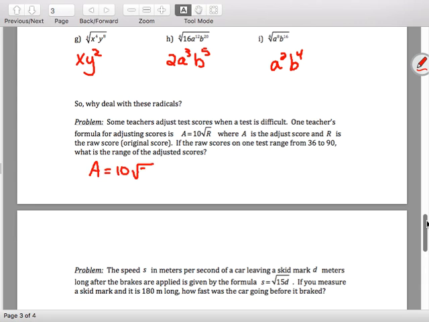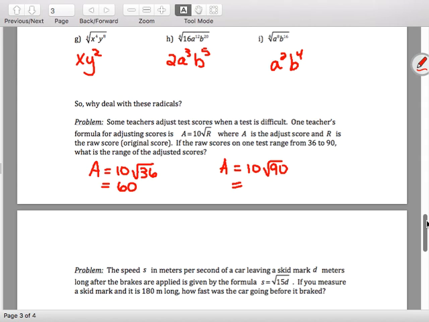The low score was 36. So 10 times 6. So my new adjusted score, the low score is a 60. And then if I plug in, ooh, that didn't work out very nice, did it? So if you have a calculator, this one didn't work out so nice. Square root 90 isn't on the pink paper.